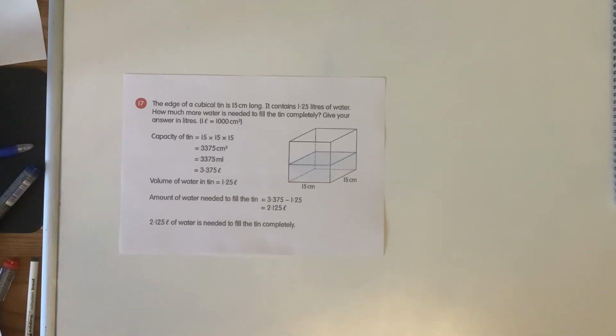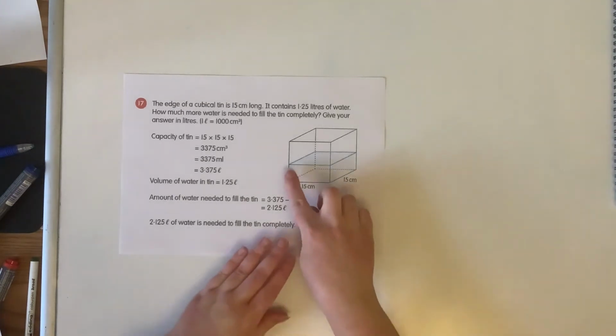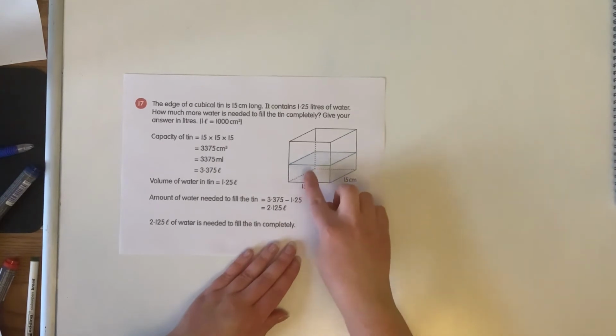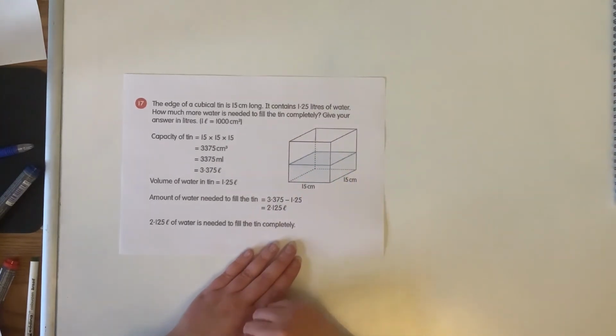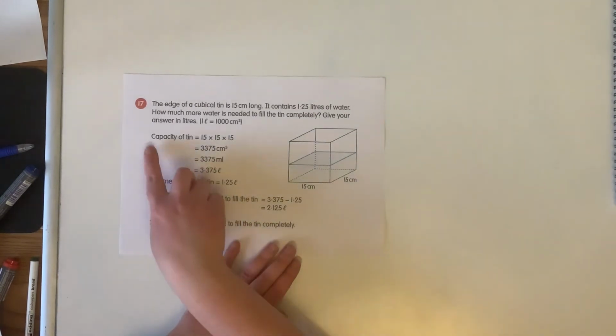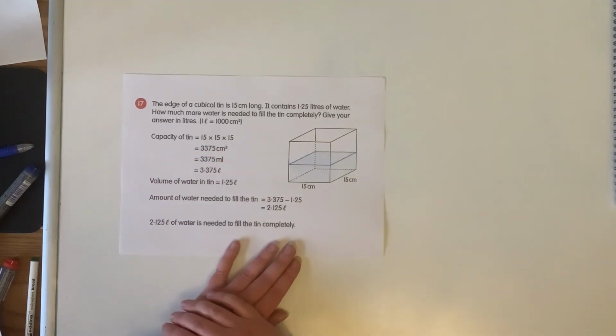So this question is different, because in the last questions, the containers were completely full. Whereas this one, the water doesn't go all the way to the top of the container. It's only partly full. So there are 2 steps to this problem. First thing we need to do is work out the capacity of the tin, how much water it could hold.